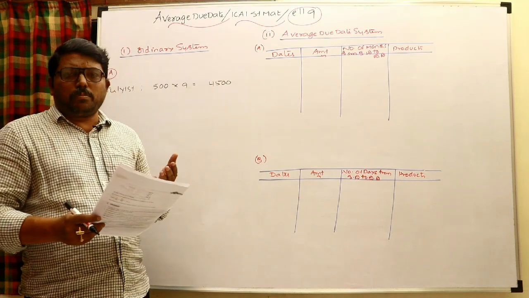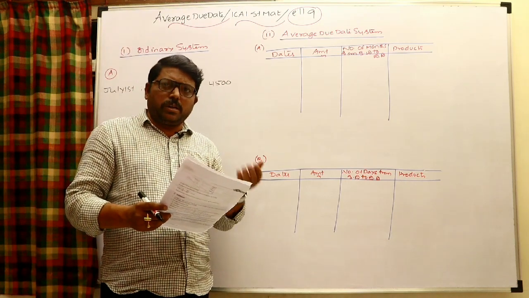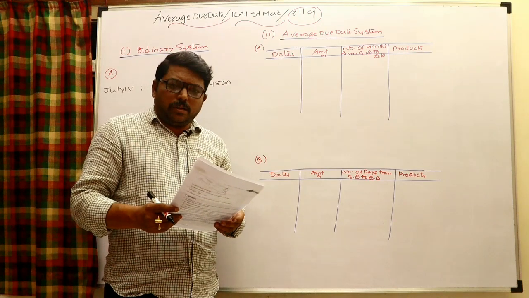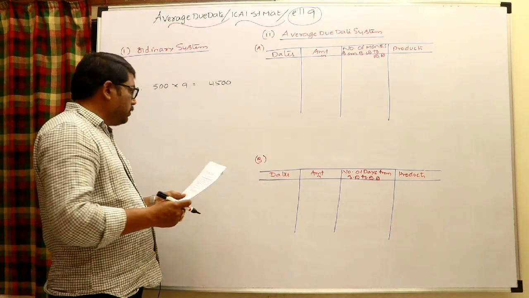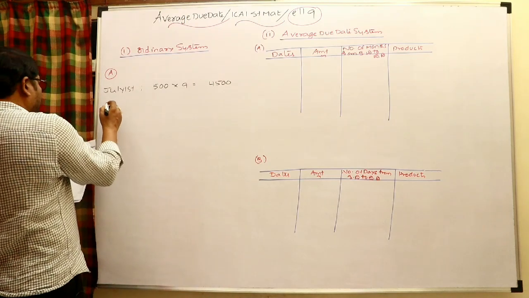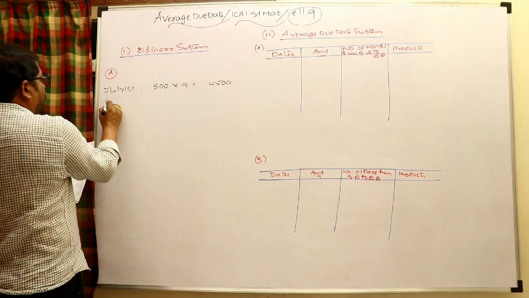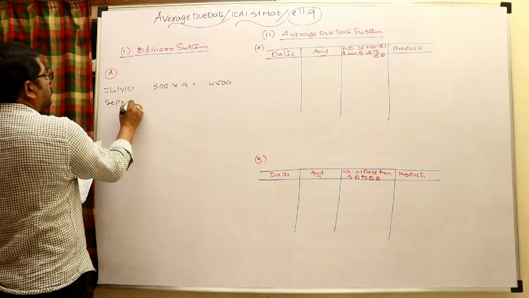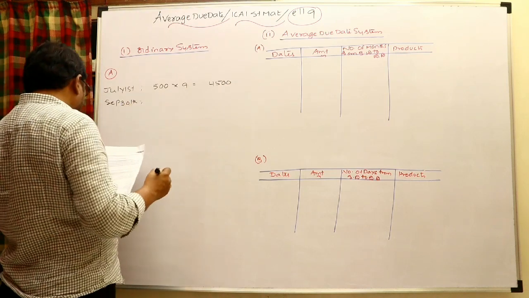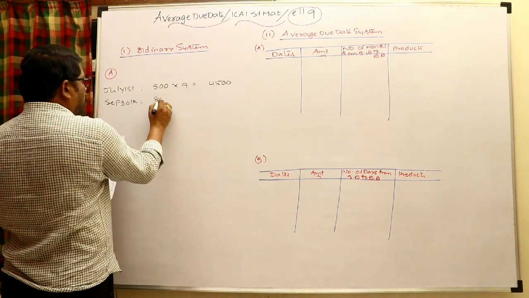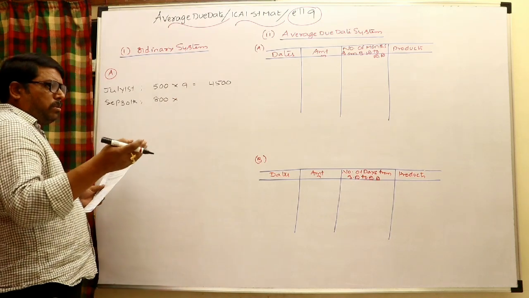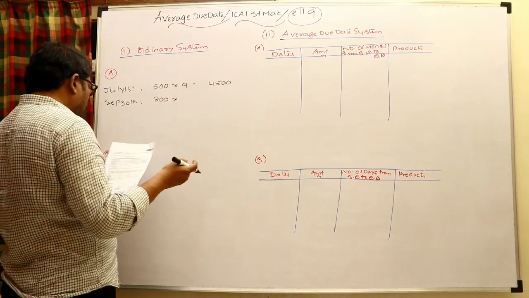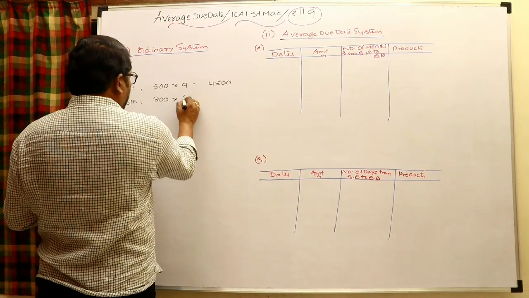If months are not possible to calculate clearly, you can multiply with the number of days. But here for A it is possible by months. Another amount withdrawn on September 30th is 800, for October, November, December, January, February, March, 6 months, into 6, 4,800.